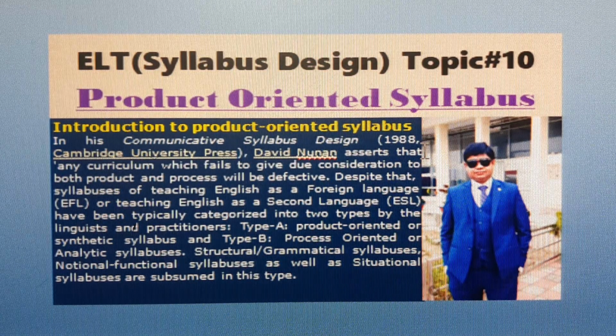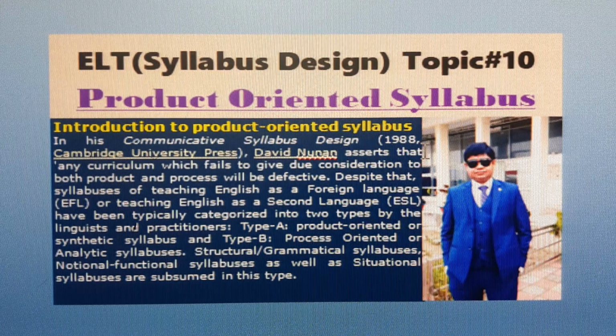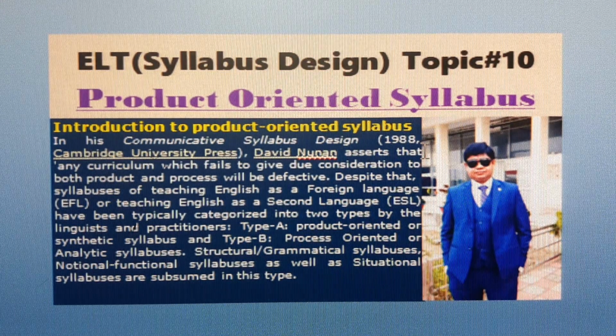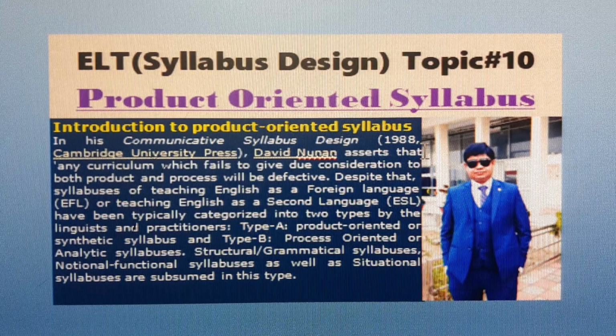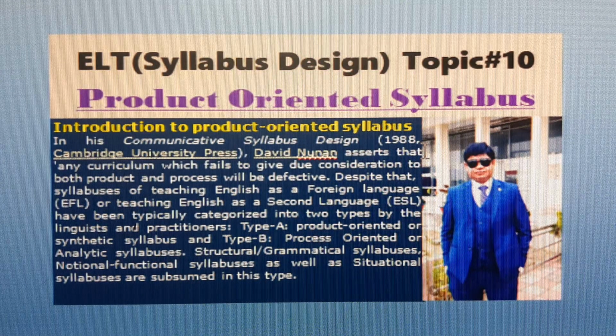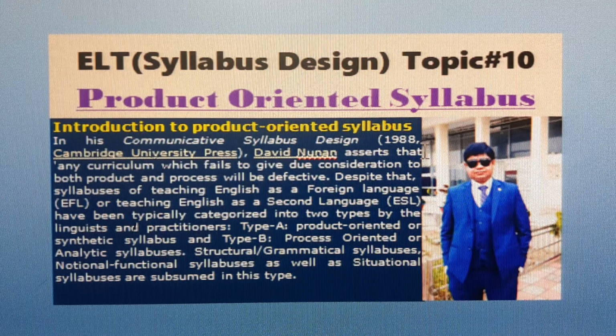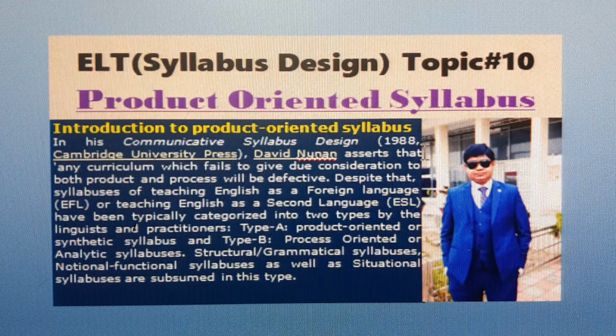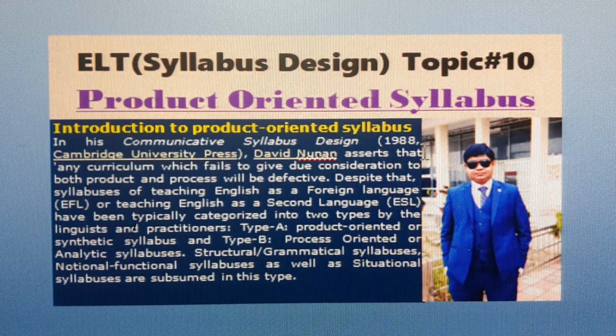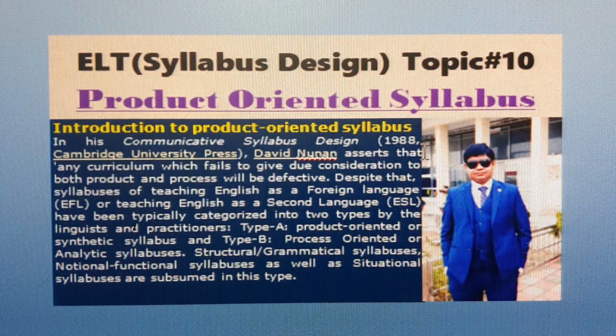Type A, product-oriented or synthetic syllabus, and Type B, process-oriented or analytic syllabus. Structural or grammatical syllabuses, notional-functional syllabuses, as well as situational syllabuses are subsumed in Type A, that is product-oriented or synthetic syllabus.